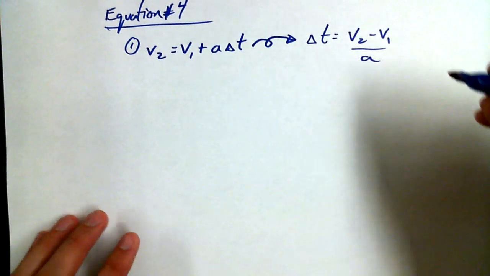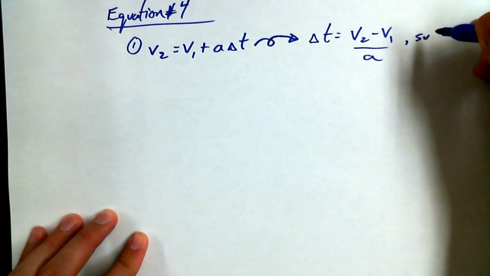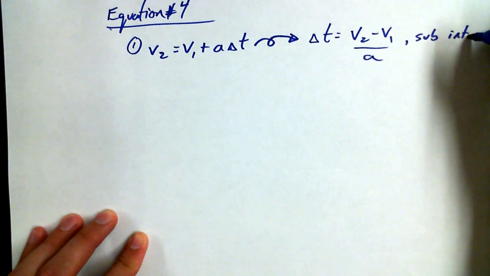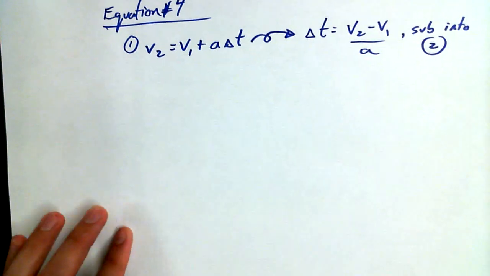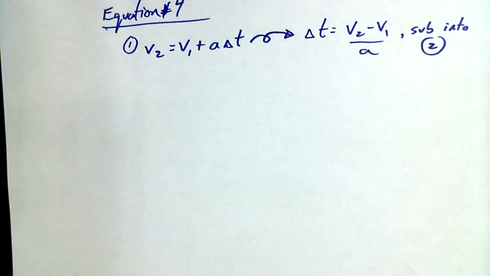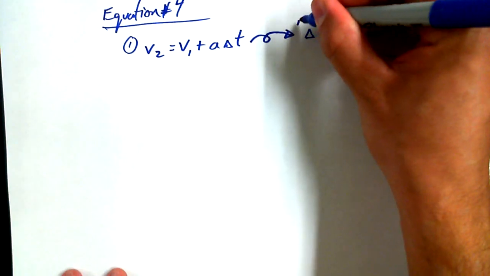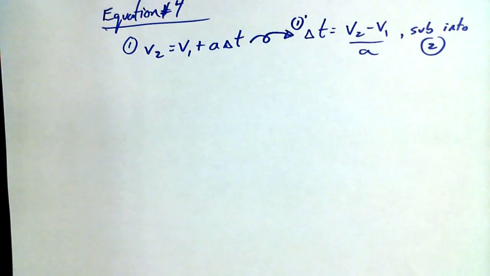I believe it. Okay. Now I would like to take this value and sub it into what we called equation 2. So we're going to take a rearranged version of equation 1. You know, the math type people will call it equation 1 primed. And we're going to sub it into equation 2.